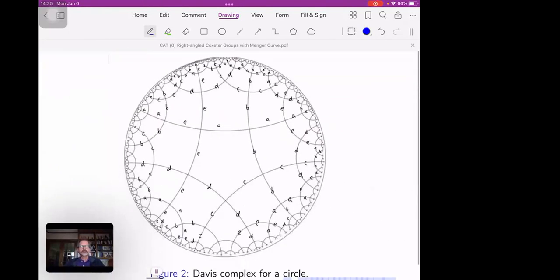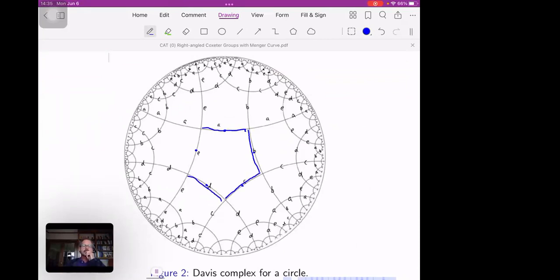So for example, this is the Davis complex for a circle. This circle I triangulate into several sides. This is the simplest model, but it will help us imagine the higher-dimensional situation. We start from a triangulation of this circle, and these are the vertices.